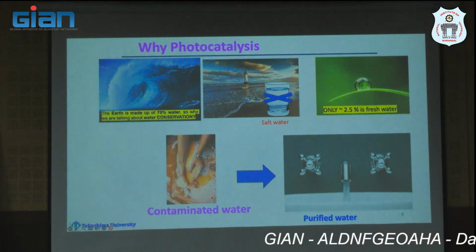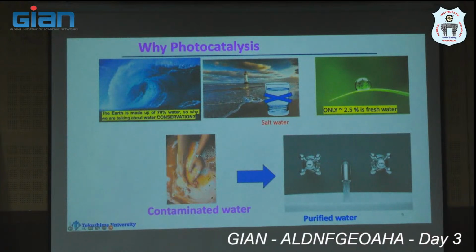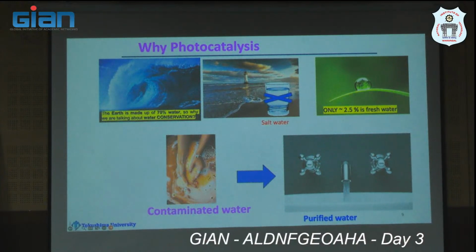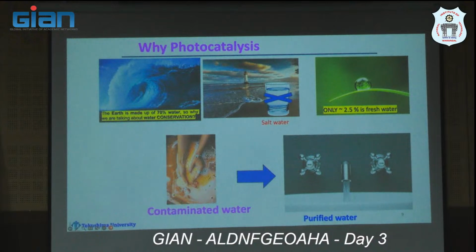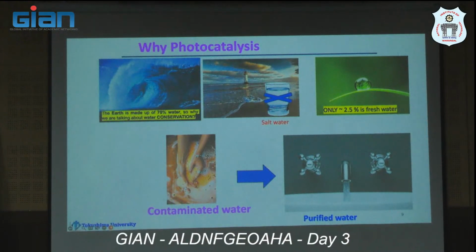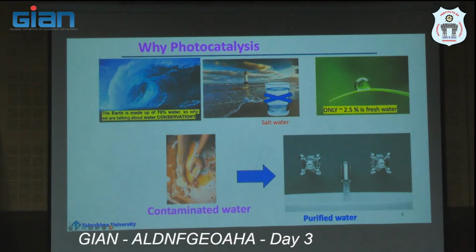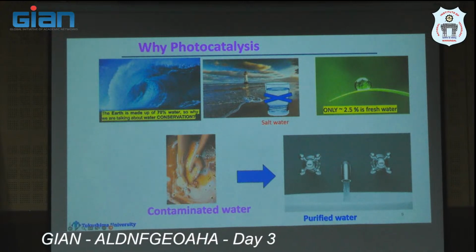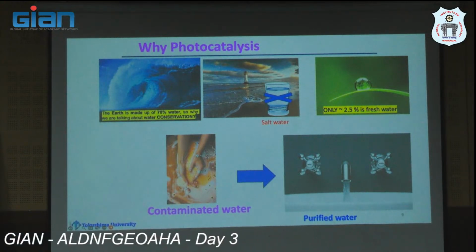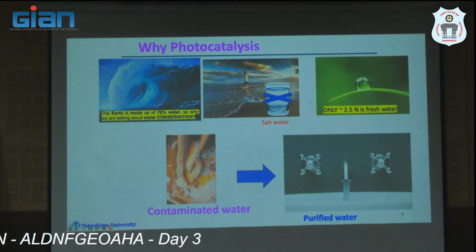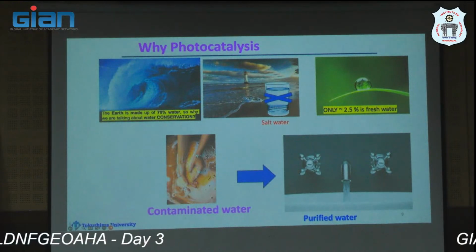You might not know what will happen after 10 years. We should not just sit and say we'll see when something happens. We have to find some kind of solution for our next generation. So we should be careful while using this 2.5% of water.